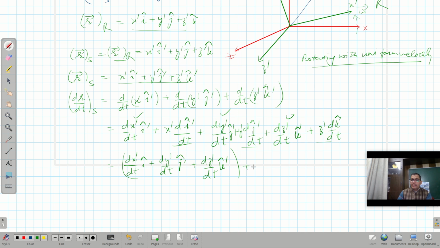So it can be written as x prime di prime over dt plus y prime dj prime over dt plus z prime dk prime over dt. It can be put together. So dr upon dt in S frame can be written like this.